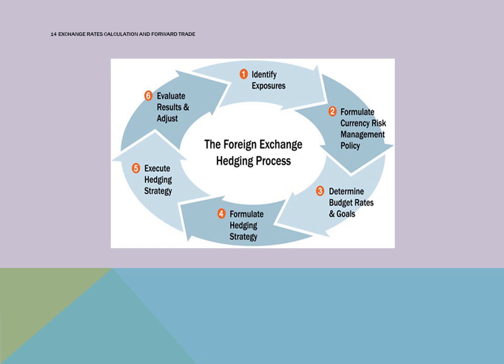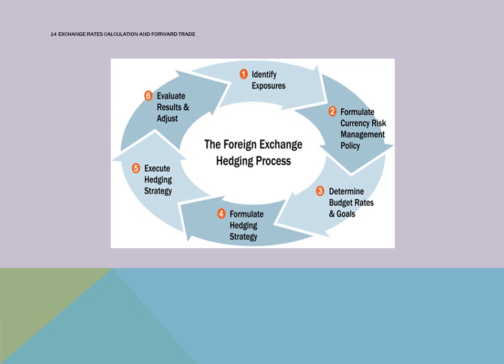Here in this slide, we see the foreign exchange hedging process. This starts from identifying the exposures. Then we have to formulate the currency risk management policy with the discussion of the concerned persons. We have to determine the budget rates and our goals.